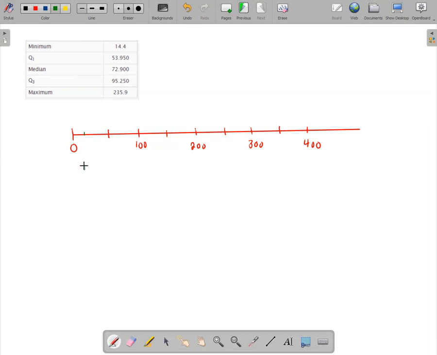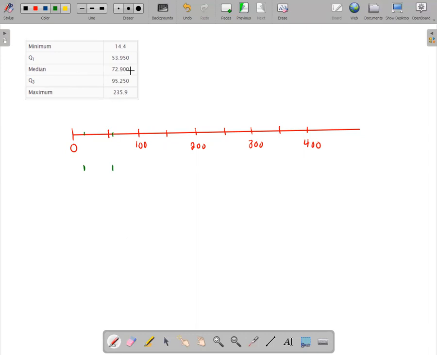And I'm just going to come down below here and make a mark at where I think 14.4 is. 53.95. Now think about the scale I have in front of me on my number line. I can kind of estimate where 53 is, but not the 0.95. So I'm just going to think of it as 54. So if this is 50 here and that's 100, 54 is probably just a little bit over here-ish maybe. So here's my 54.